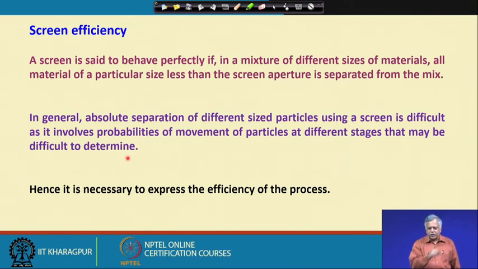Because if they are in a very close size range, they need multiple opportunities, since you have to give them opportunities to change their orientation. While they are moving, maybe in the horizontal direction, or if you are lifting them, they may have a chance of changing orientation, so that the separation is finally based on the actual size. Therefore, it is necessary to express the efficiency of the process.